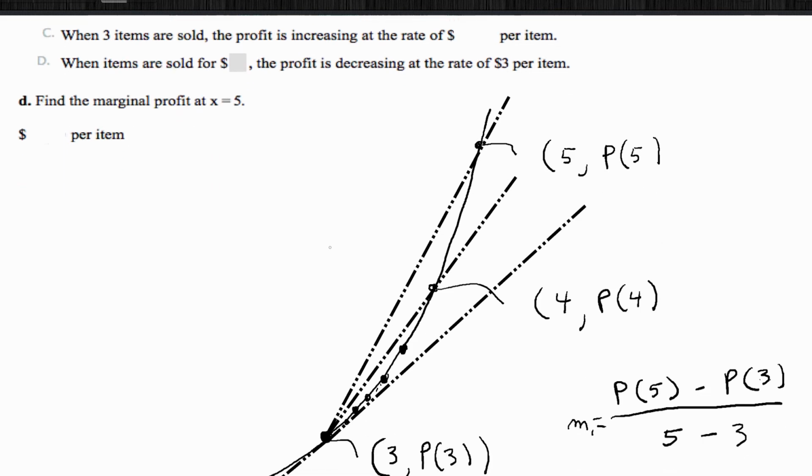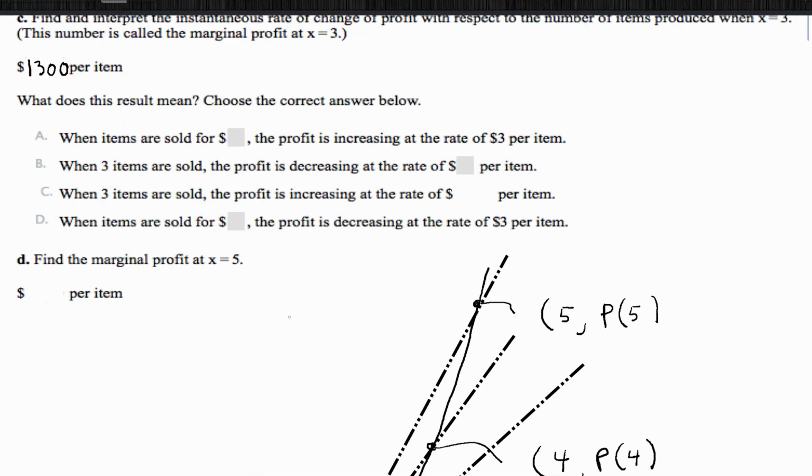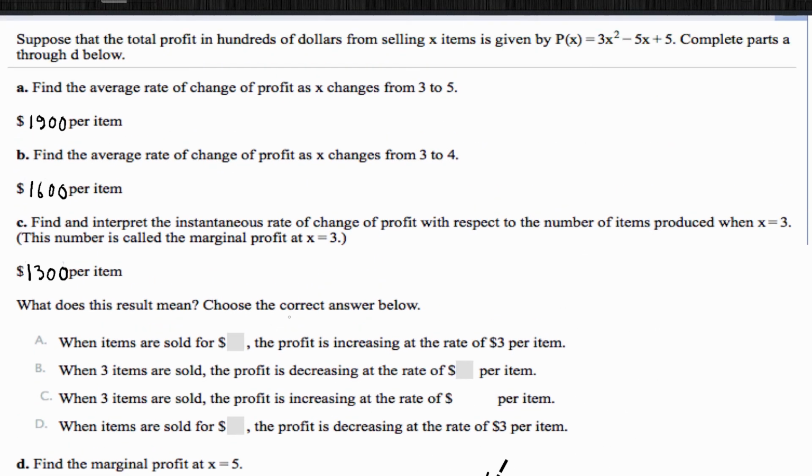And in fact, if our function p of x were not a quadratic as it is, but if it were a line, then our instantaneous rate of change of the production when x equals 3 would be this $1,300 per item, and that would not change. That's my interpretation. However, it does change, so it actually increases a little bit.